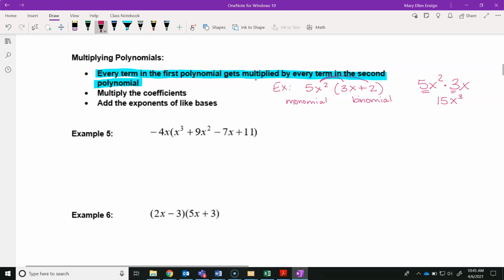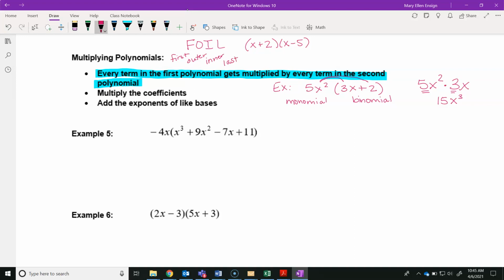Okay, now from multiplying polynomials, you might remember that if we have something like this, where it's two binomials, you might remember learning something called FOIL, okay? And FOIL stands for the first, the outer, the inner, and the last.